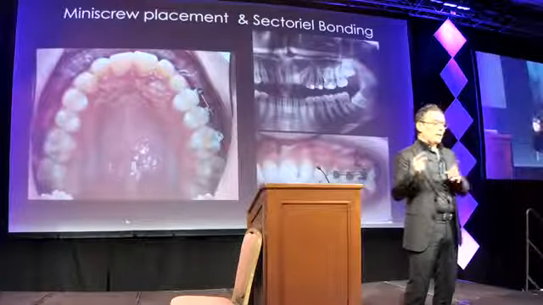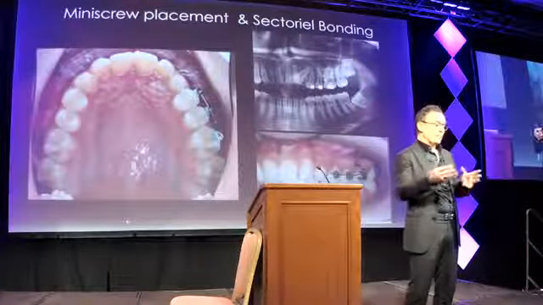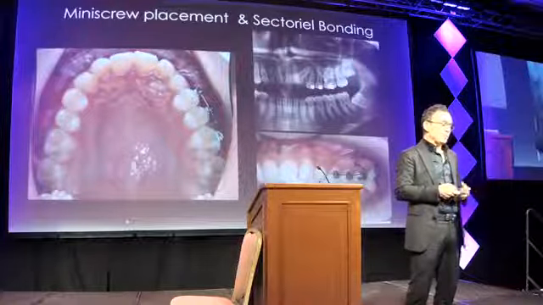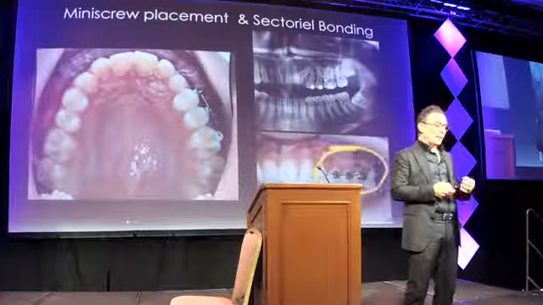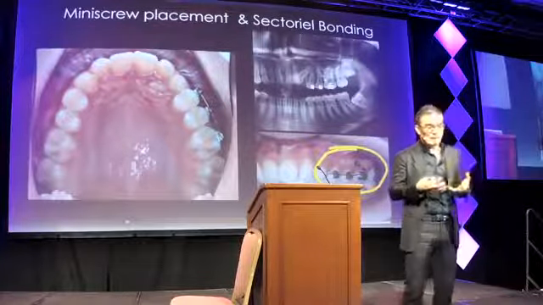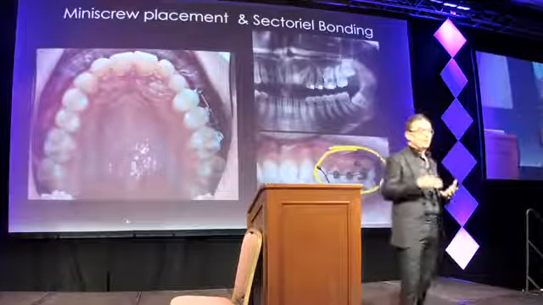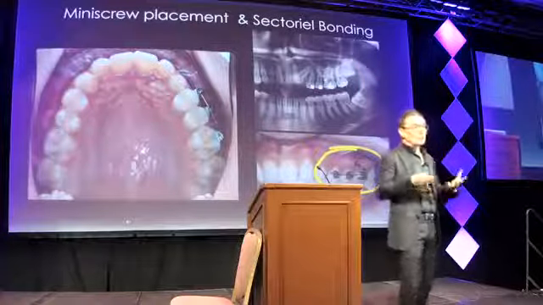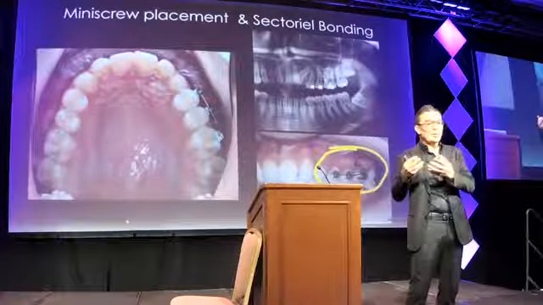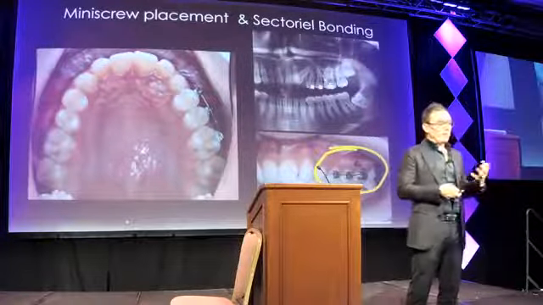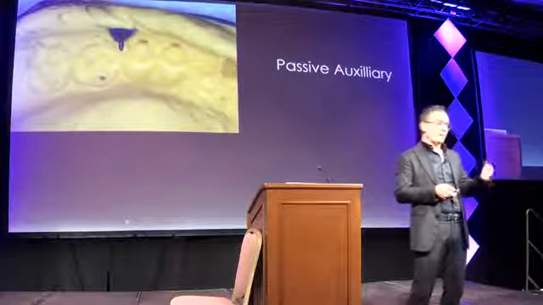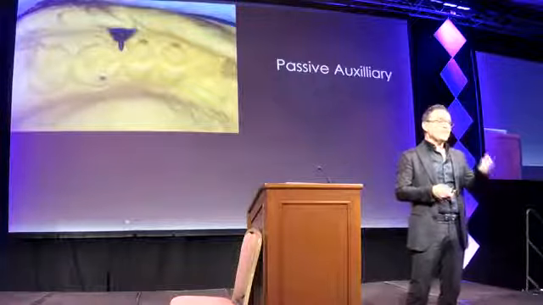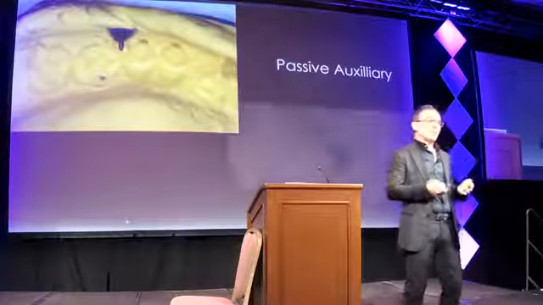We are placing just 3 or 4 braces, but we just need 3 braces here, sometimes less. And we are now creating an anchor unit. I mean, we are connecting our mini screw directly to 1 or 2 teeth, and use that anchor unit to move my canine the first time. So this is what we do. After placing the screw, we have an impression. We place the same kind of mini screw in the impression.